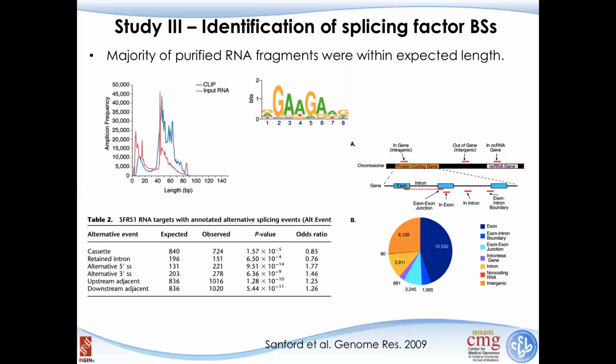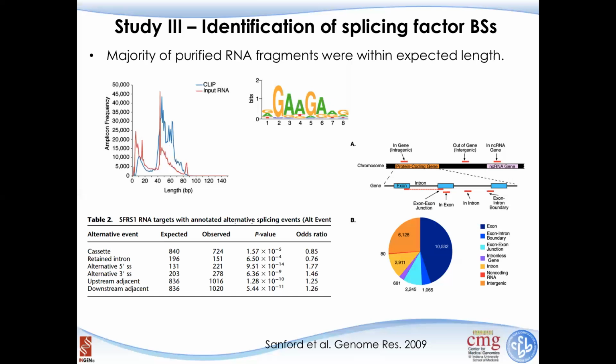They found cassette exon, or they define the retained intron, and the alternative 5' SS, alternative 3' SS, or upstream adjacent, downstream adjacent to the exon. They found those sequences which have interaction with the splicing factor are mostly enriched, overrepresented in the alternative splice sites instead of cassette exon or retained intron.